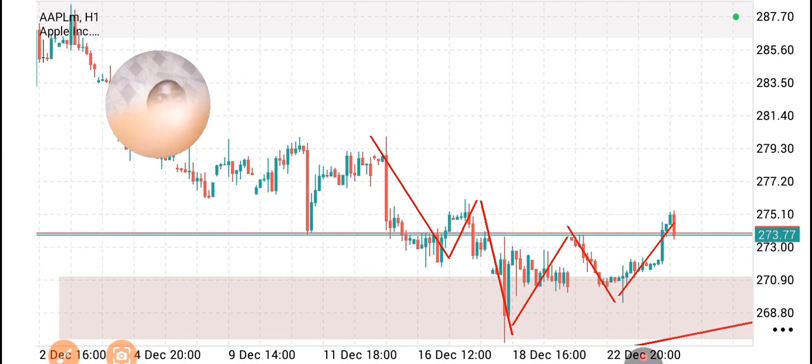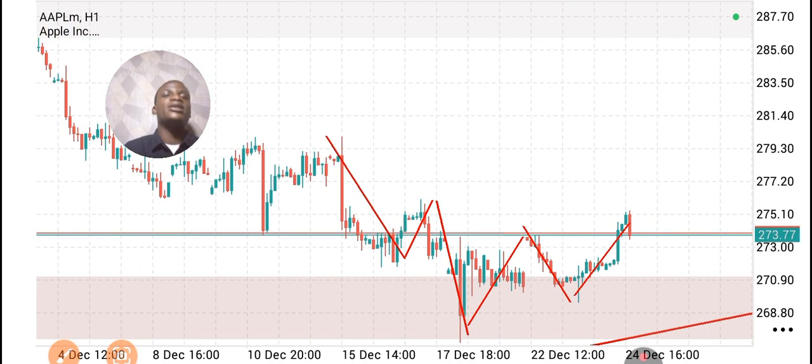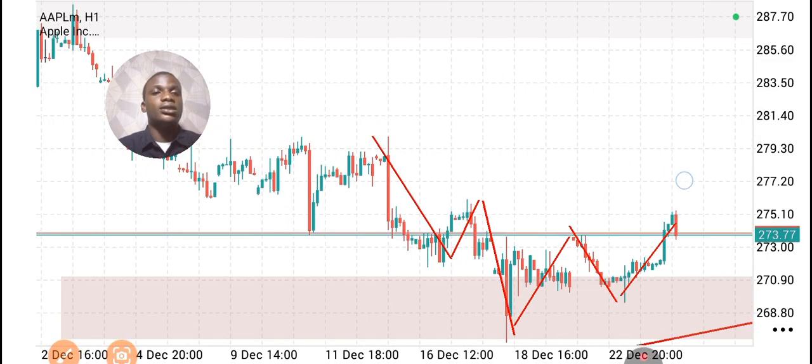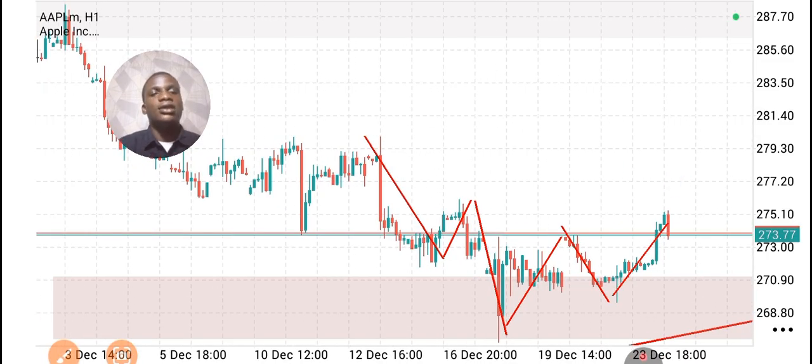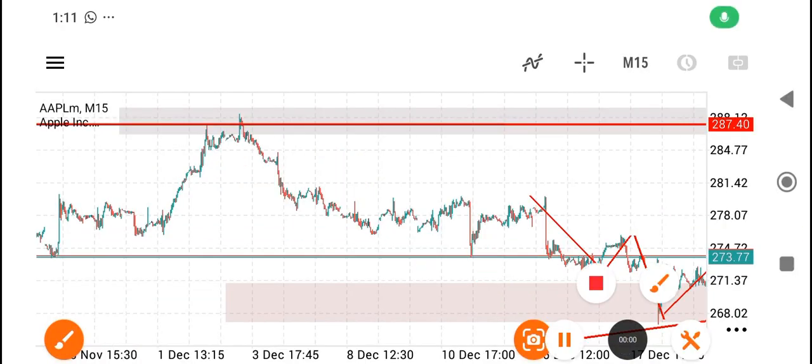Now we are expecting Apple to change the pattern and move in a bullish trend. So this is for education purpose. Make informed decisions, risk what you can afford to lose, and trade wise.